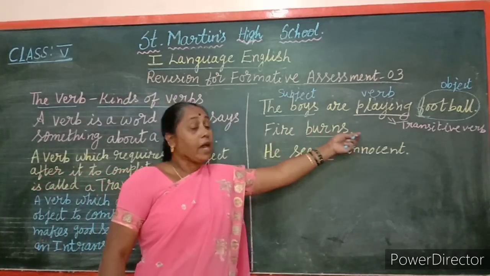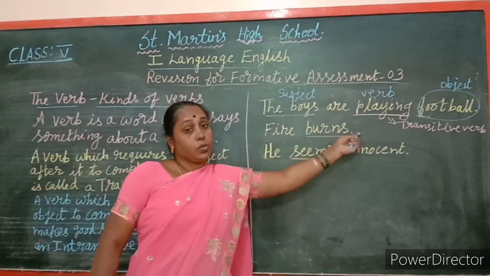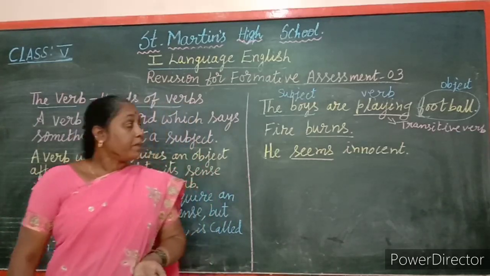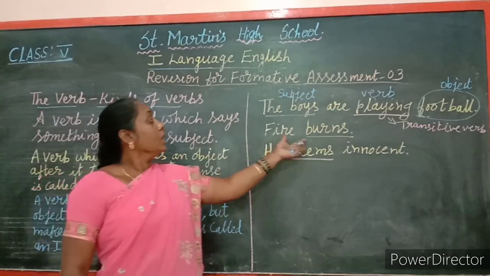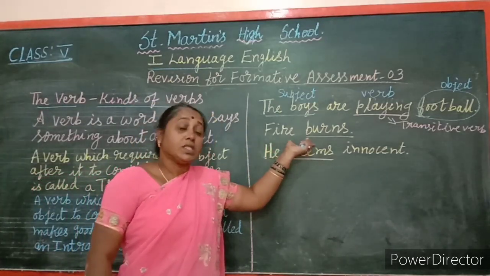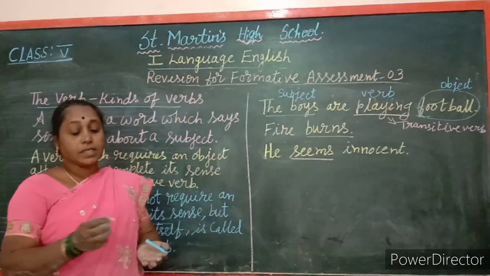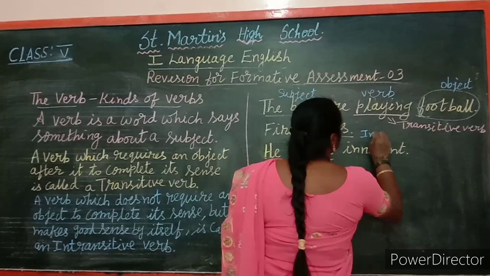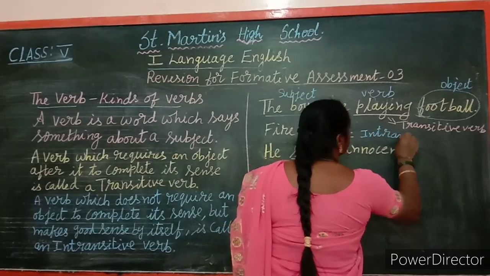Burns. Does it have any object here? No. If the verb doesn't require an object to complete its sense and gives a good sense, you call such verb as intransitive verb.